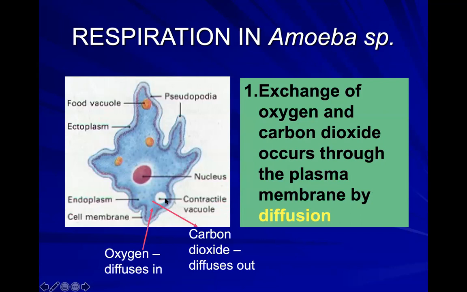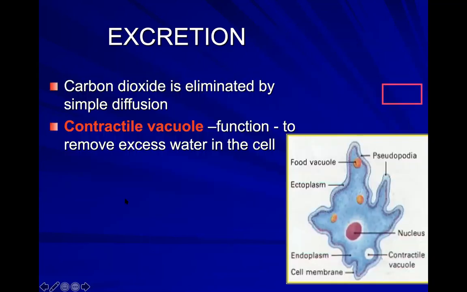For us, if we want to take oxygen, we will breathe using the nose, and then the oxygen will go to the lung, and from the lung it will go all over the body, right? But for amoeba, because it is a unicellular organism, it uses simple diffusion where the oxygen and carbon dioxide can diffuse in and out easily, just like that, through the plasma membrane. Because we know that the outermost layer is known as the plasma membrane. It's very straightforward information.